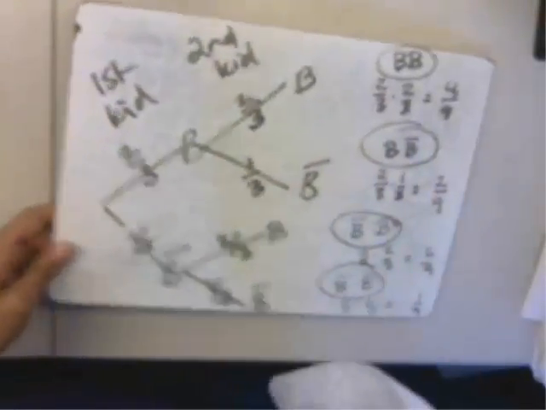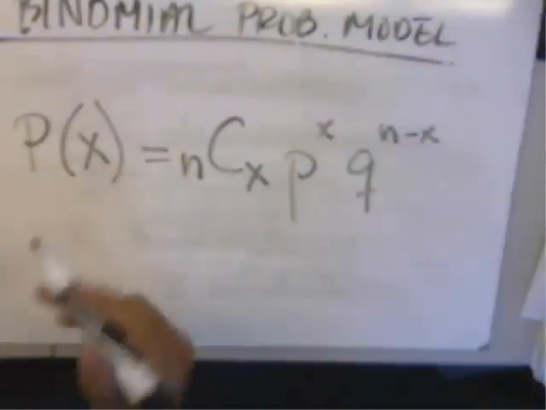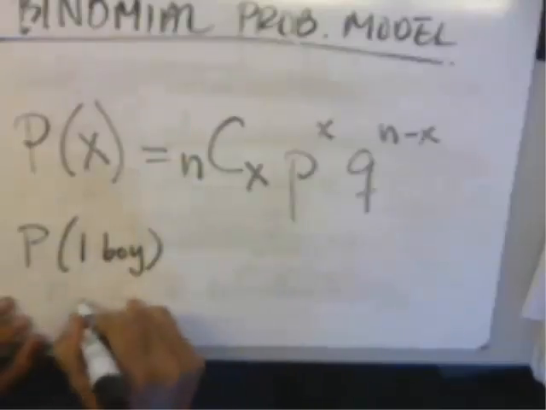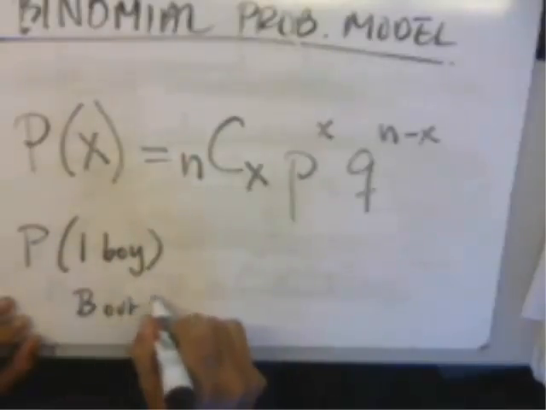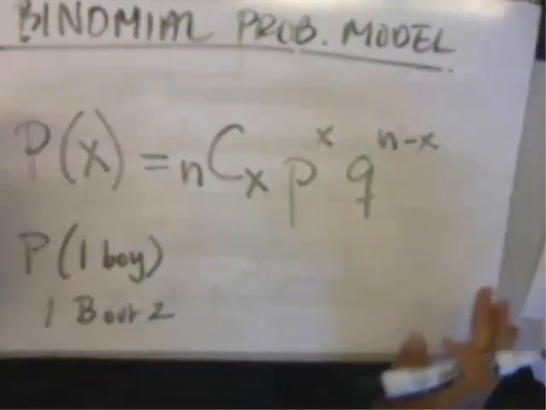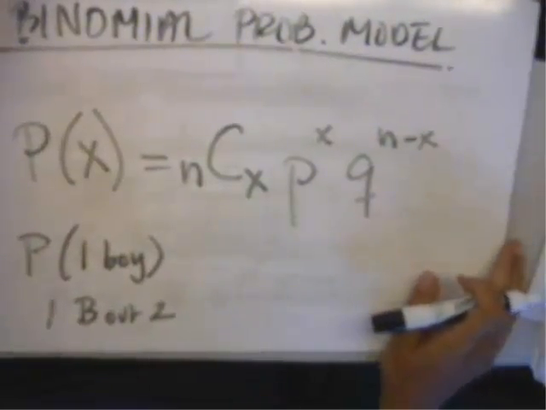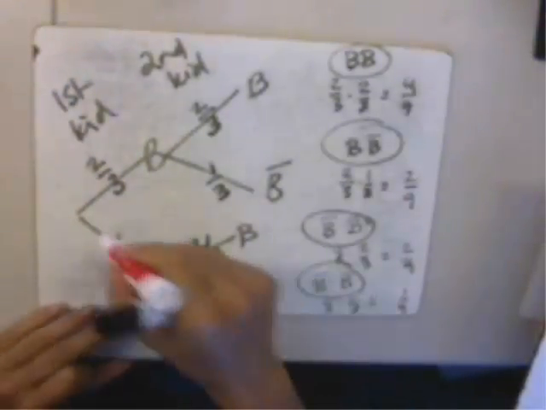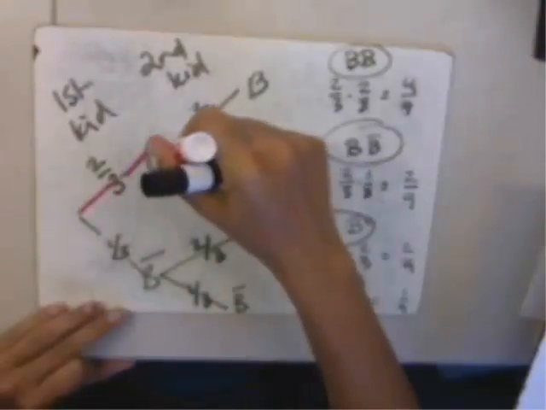All right, so when you think about this, if I said, what's the probability of having 1 boy? In other words, 1 boy out of 2. All right, and so I could look on this probability tree, and I could say, well, you could have 1 boy 2 ways. One way is boy, then not boy.